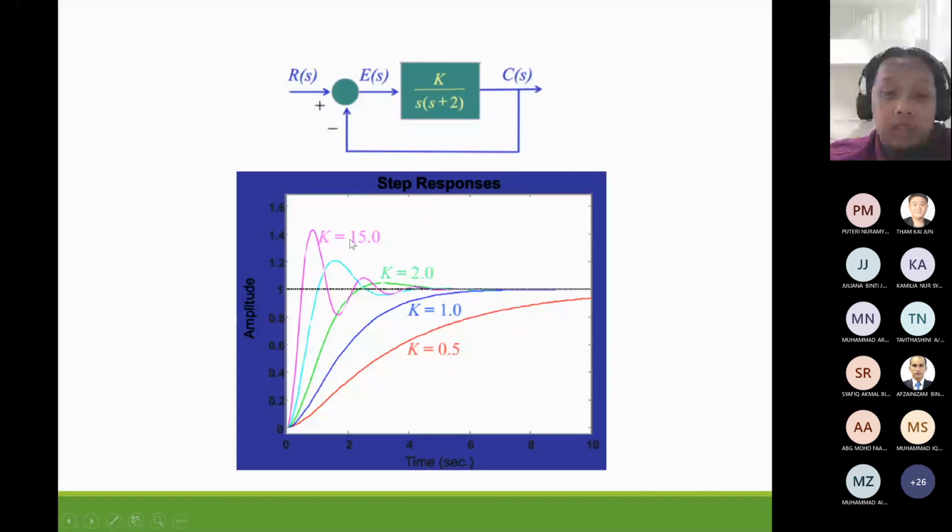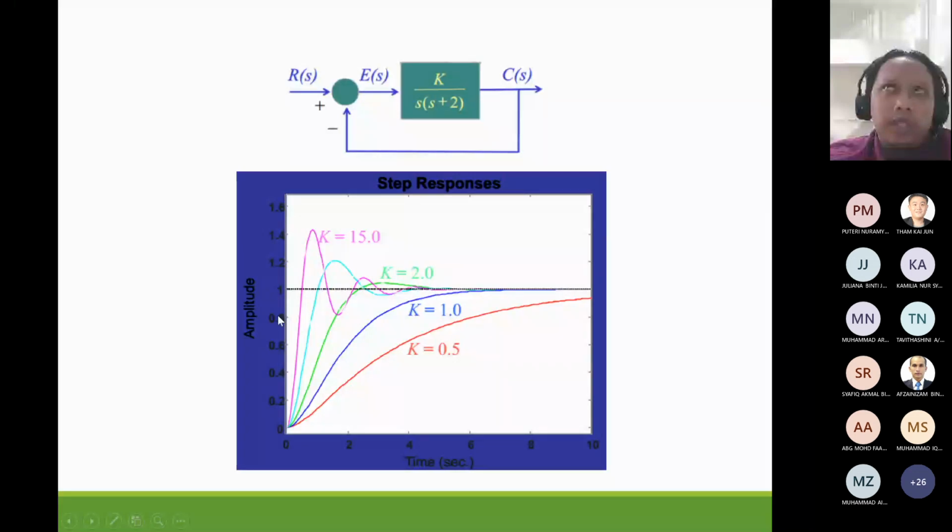You can change this k value. Let's say you change to k equals 15, then you will see that this system becomes underdamped. With an underdamped system, you will see there's an overshoot, and then it will have some kind of vibration before it reaches the steady state value. When you did your project part 2 on second order systems, you already saw a system that has overshoot and steady state error.